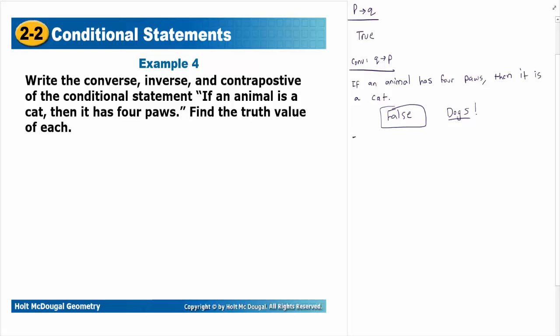Next up, we have our inverse. Inverse is not P, then not Q. So here we go. If, I'm going to say the opposite of the original statement. That's all I'm doing. If an animal is not a cat, then it does not have 4 paws.